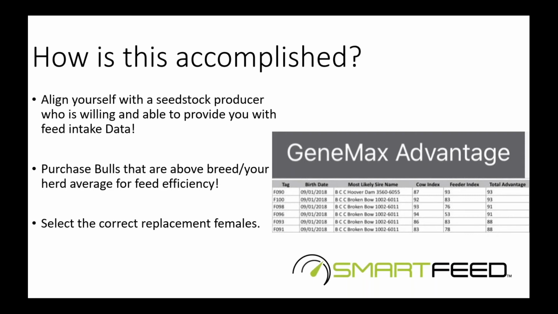Next, depending upon whether we develop our replacement heifers in a grow yard or out on grass, dictates how we can best go about identifying those females that are not only fertile and sound, but also efficient. By far, the best way to identify these efficient females is to run our replacements through a feed intake test.